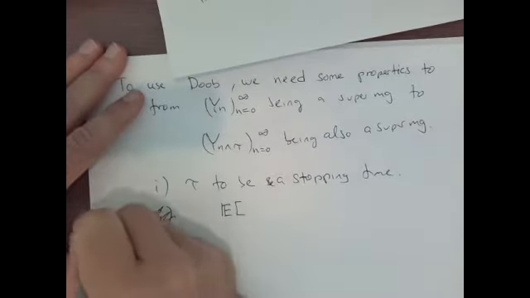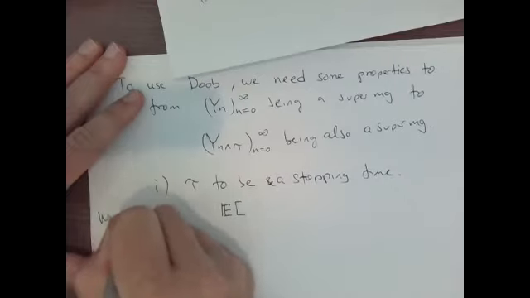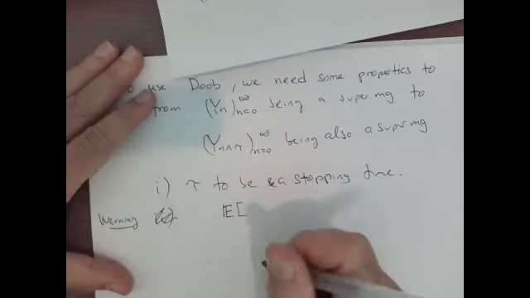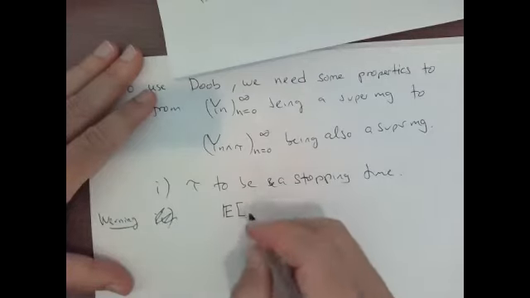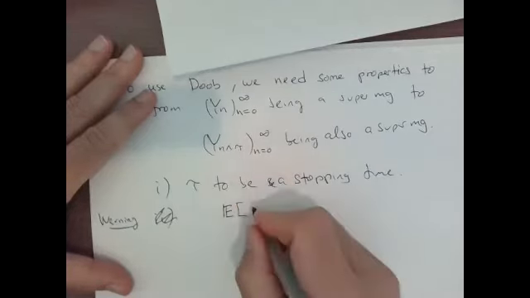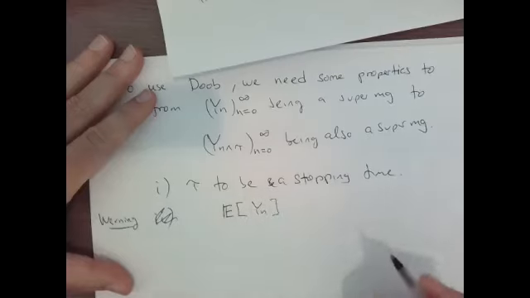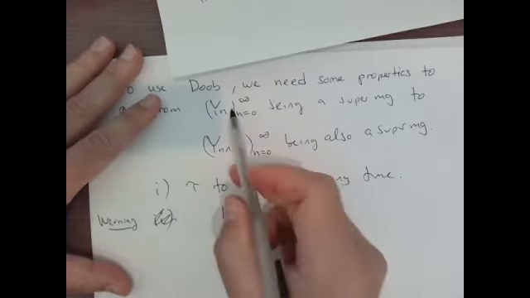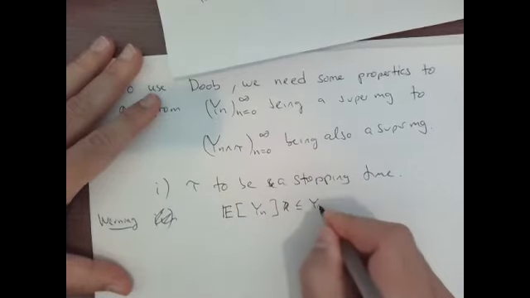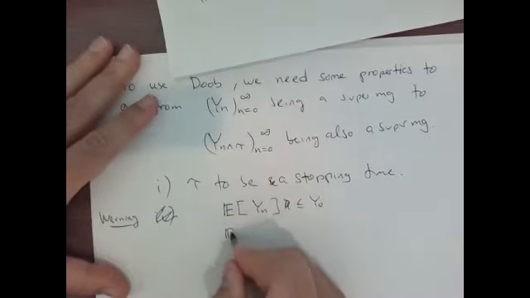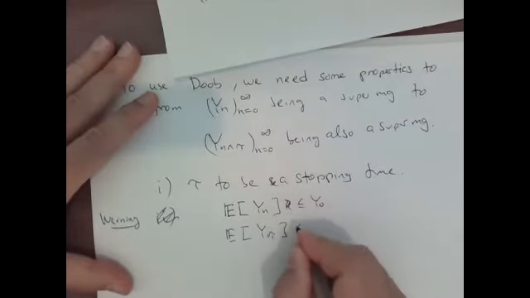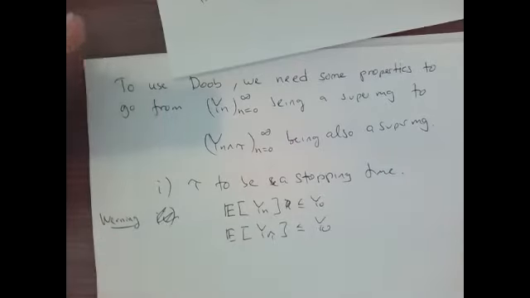The warning is: the supermartingale property says that you're going to go down on average, but does something like this carry over to saying that Y at tau is also going to be less than Y 0?